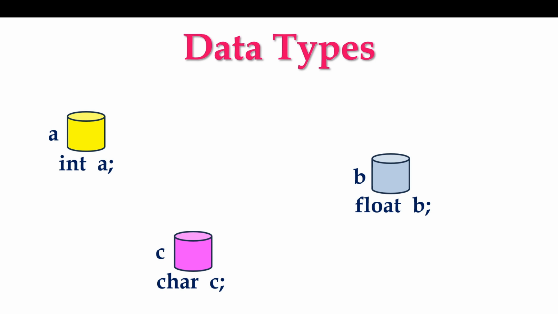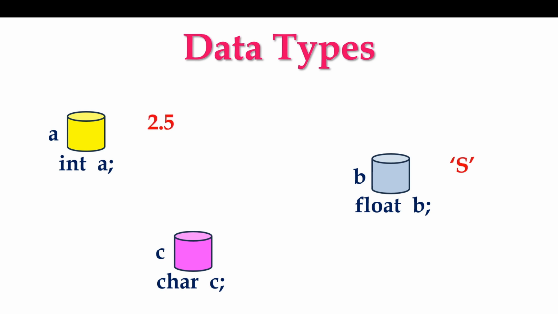Means in the container A you can store integer value, in the container B you can store float value, in the container C you can store character type of value. But I want to show you the conflicts, what might happen.